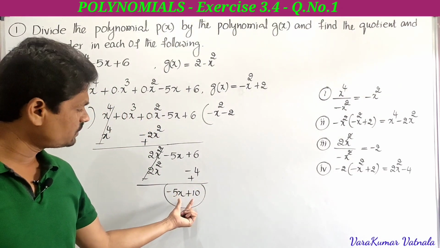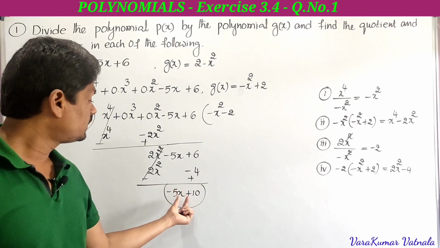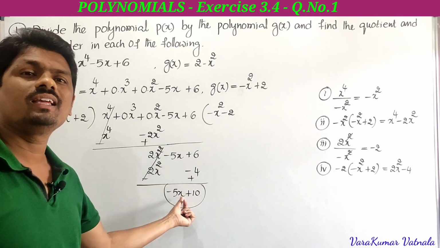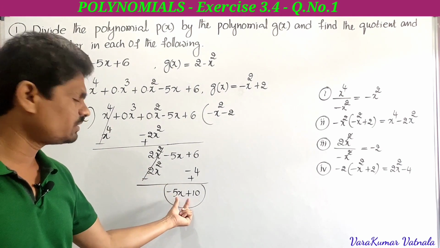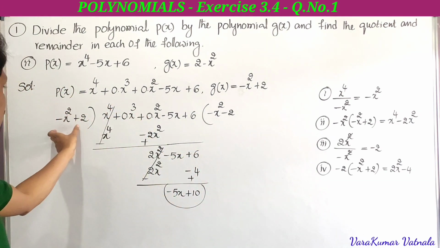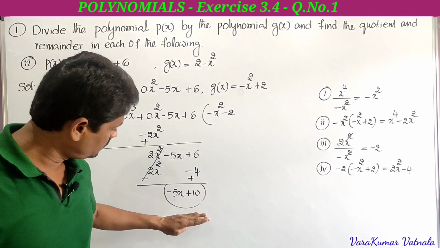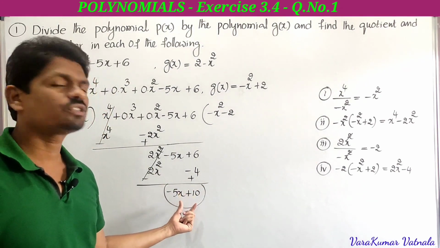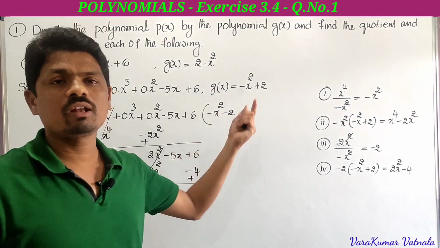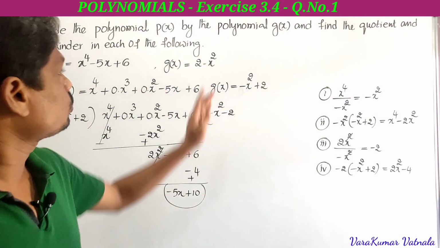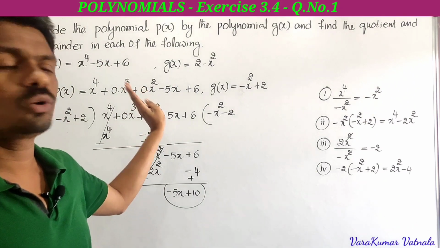So now the division is completed, since the degree of the remainder is less than the degree of the divisor. Here the degree of the remainder is 1 and the degree of the divisor is 2. So the division is completed. Minus 5x plus 10 is the remainder, and minus x square minus 2 is the quotient. He is asking to write the remainder and the quotient.